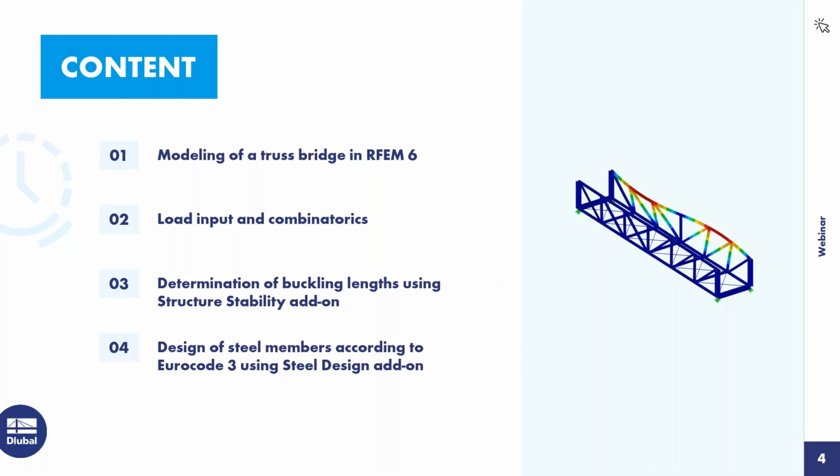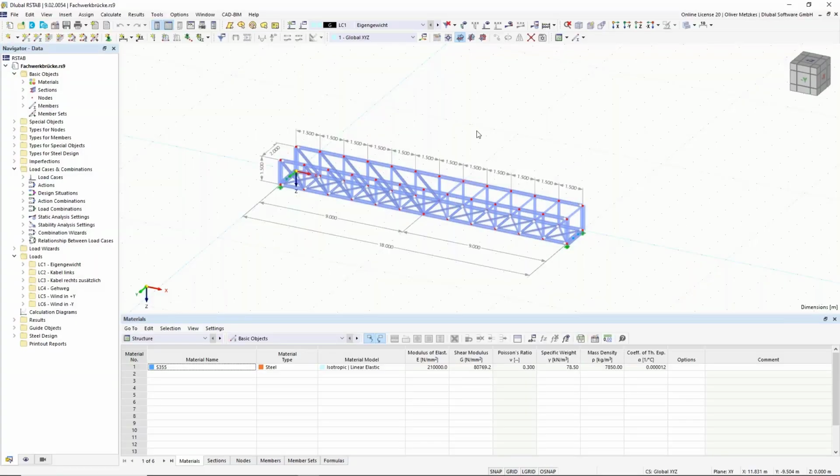And the last point is the design according to Eurocode 3 with the Steel Design add-on. Okay, then I will hand over the screen to Oliver, and he can start with his presentation.